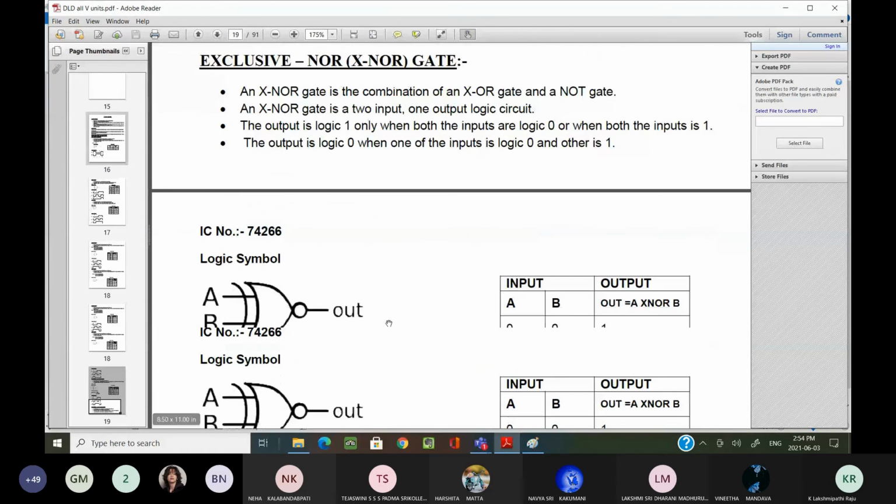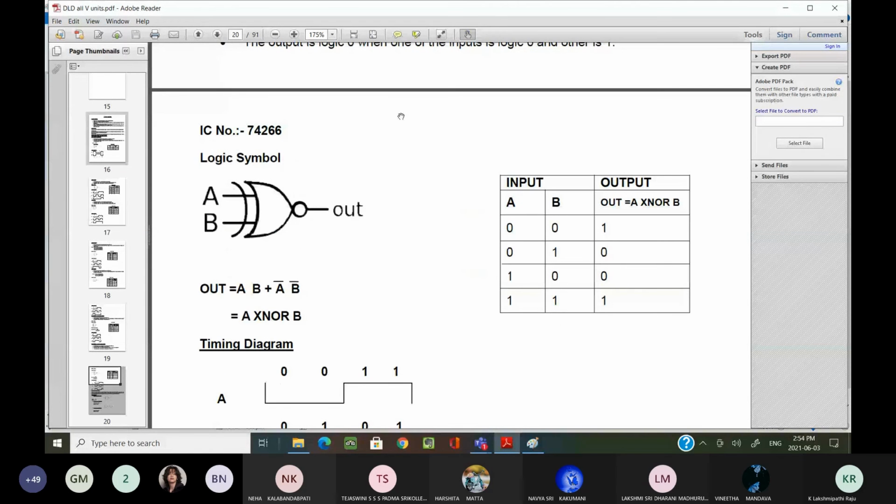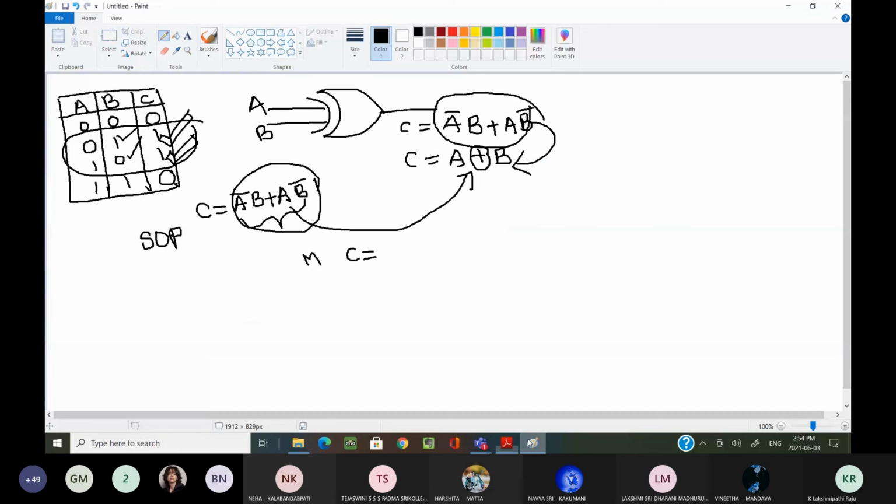And finally the XNOR gate. This is the complement, and it performs the reverse operation of the XOR gate. What is the logical expression for the XNOR gate? The logical expression for XNOR is AB plus A bar B bar.